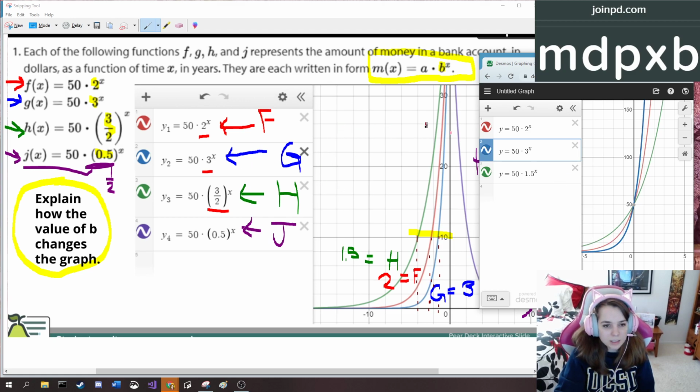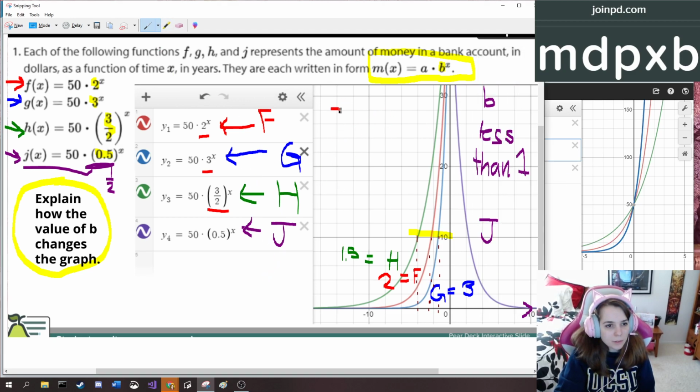And that's because of negatives, right? When we are actually looking, 1 over 3 is smaller than 1 over 2, which is smaller than 2 over 3.